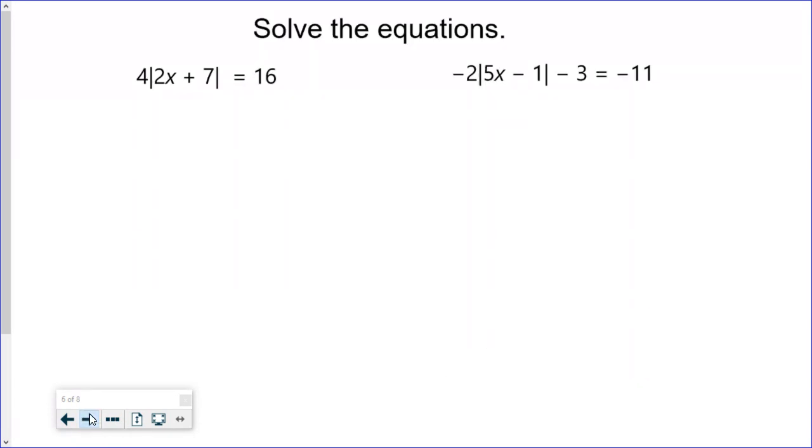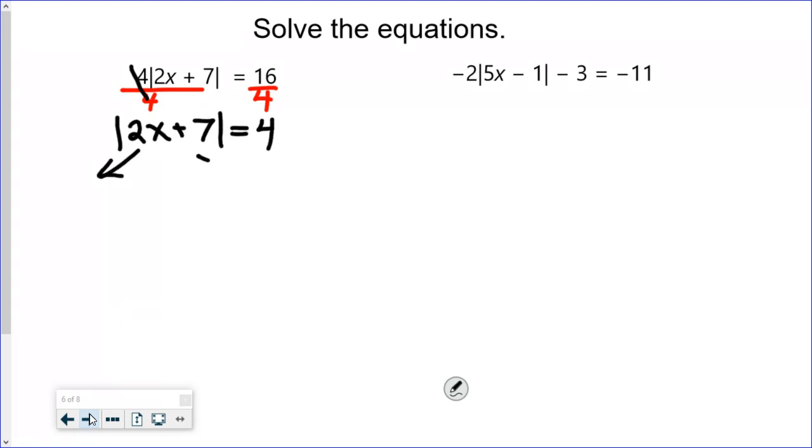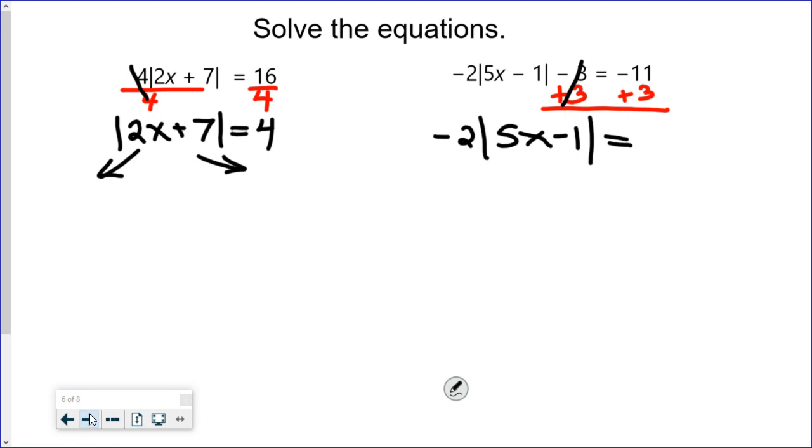If you want to try these, please note, first thing you've got to do here is divide both sides by 4, and you get the absolute value of 2x plus 7 equals 4. Then you split it. What would you do here? Oh, this is a double doozy. When you add 3, I have the negative 2, 5x minus 1 equals, what is negative 11 plus 3?